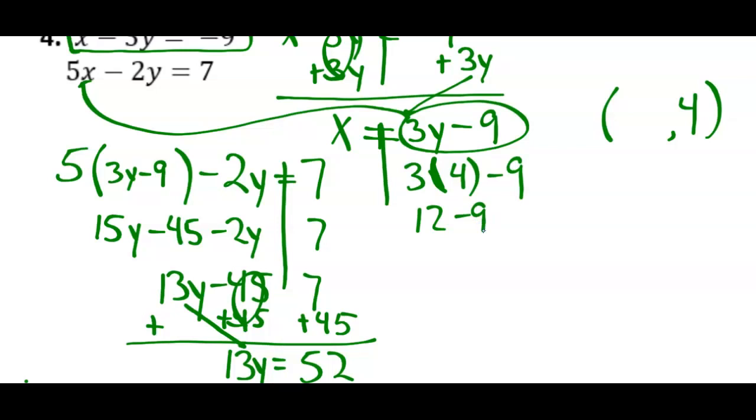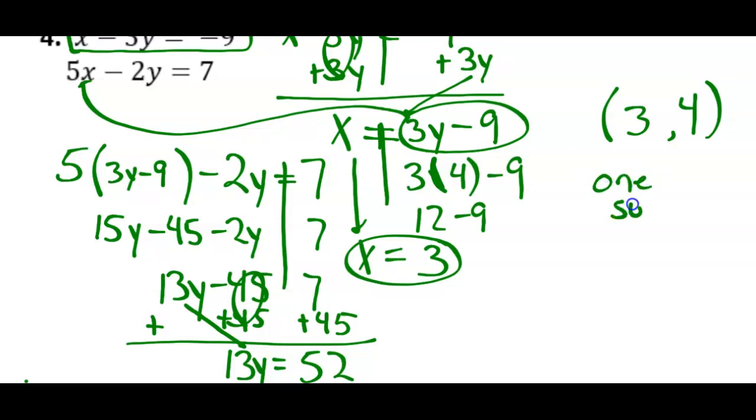And 12 minus 9 is 3. Bring down your x so that this says x equals. That will help keep yourself straight for your ordered pair. So you get 3, 4. So you have one solution here. And my one solution is 3, 4.